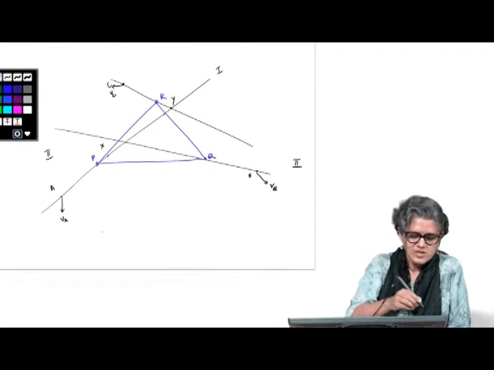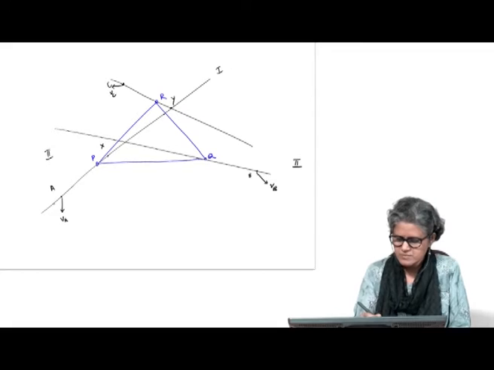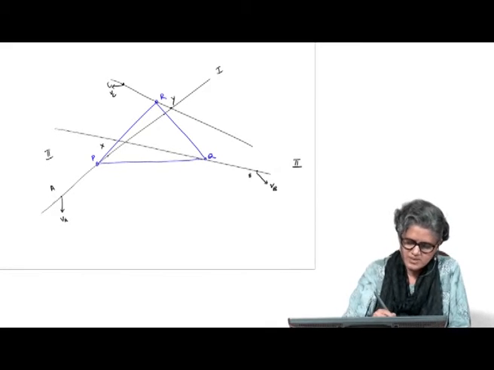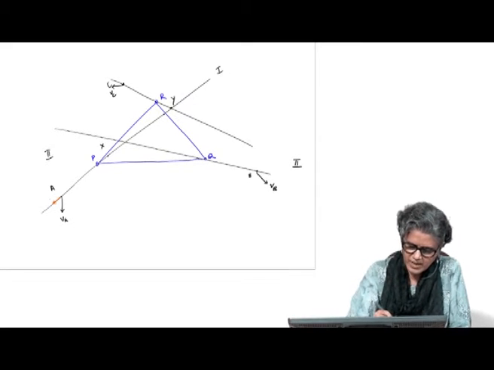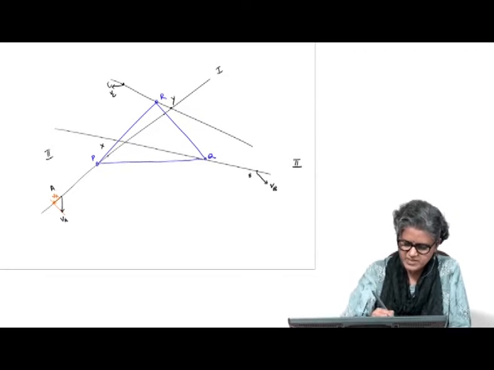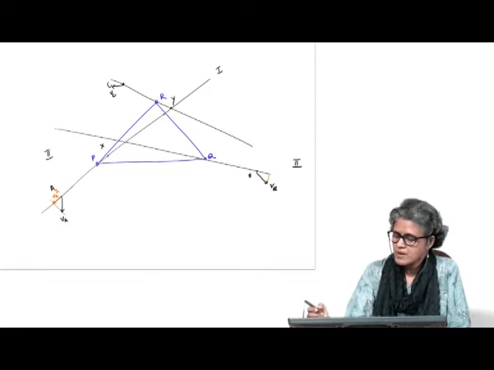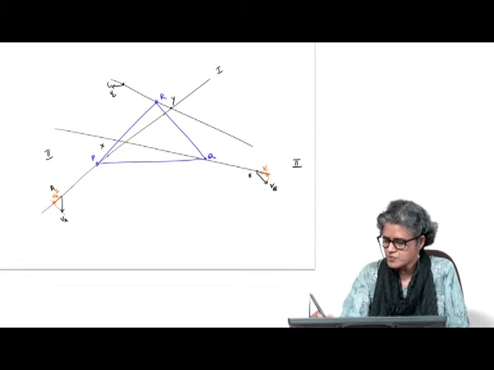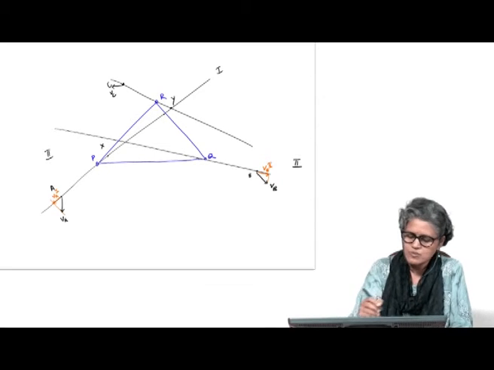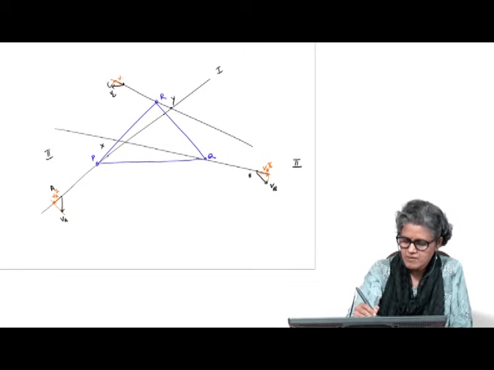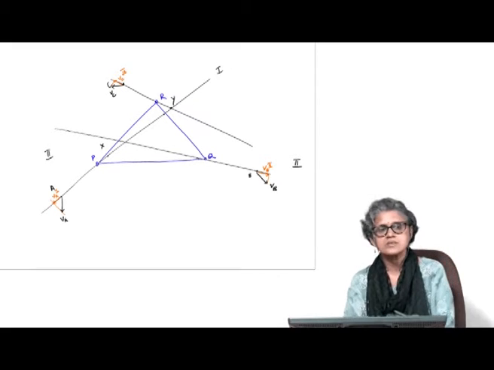Since these are known, I know the components. This would be VA along 1, this would be VB along 2, and I have VC along 3.